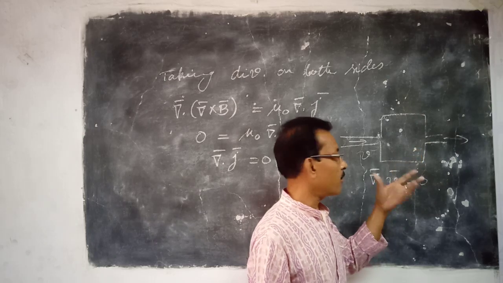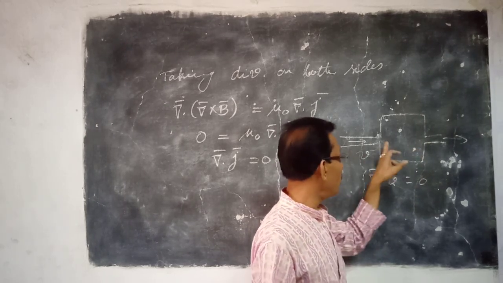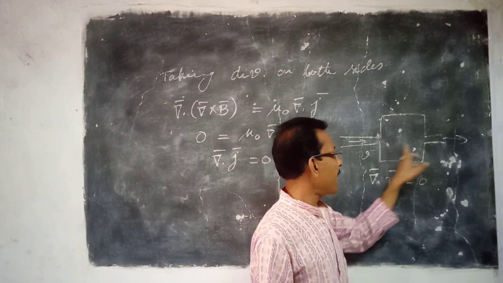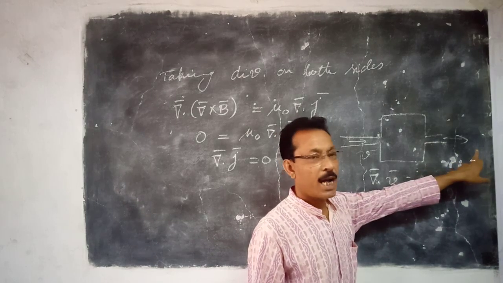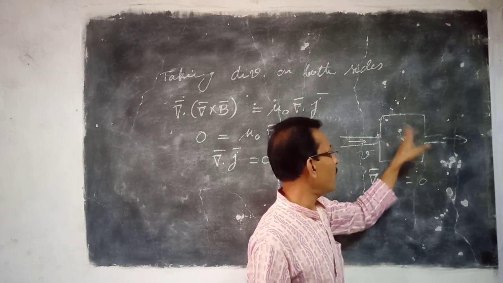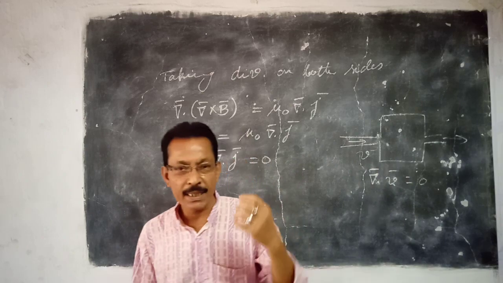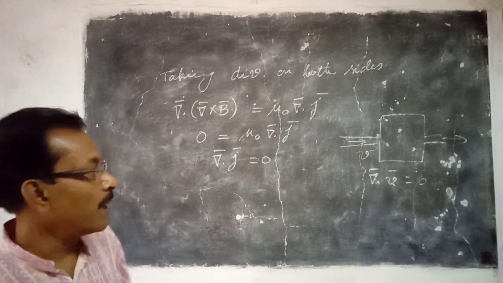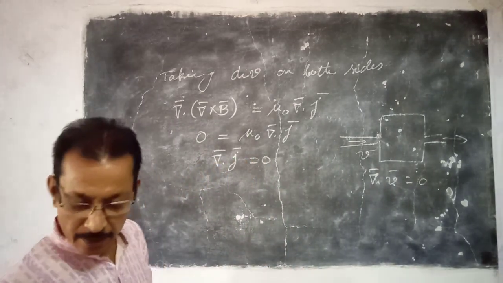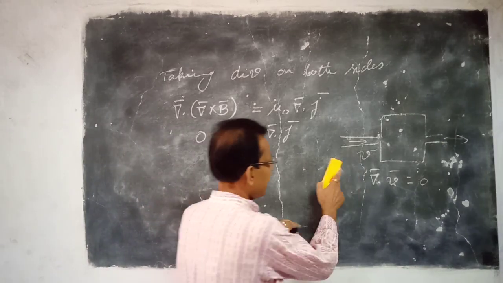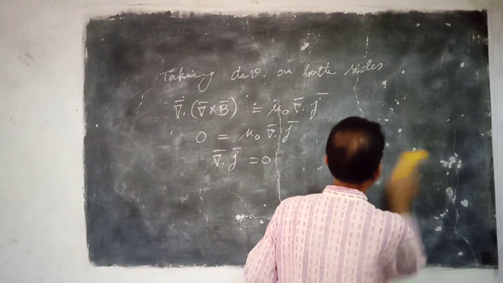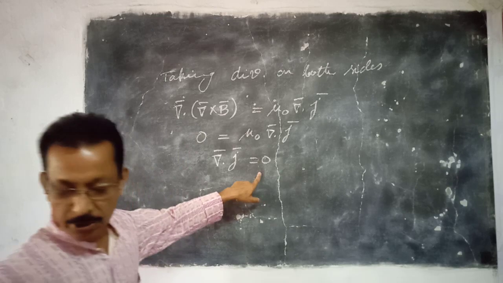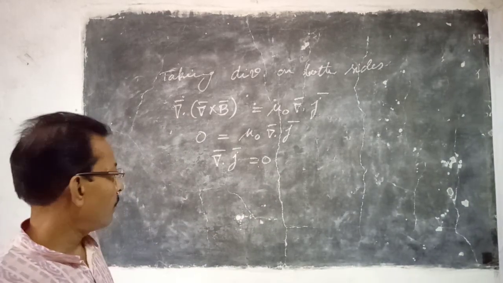With pressure you cannot change the density. As much liquid is entering the tank, that much is going out. There is no sink here, no accumulation. No water is leaking here, no water is accumulating here. Now here also divergence of J equal to 0 means there is no sink.